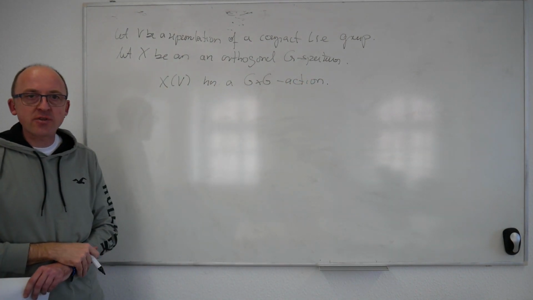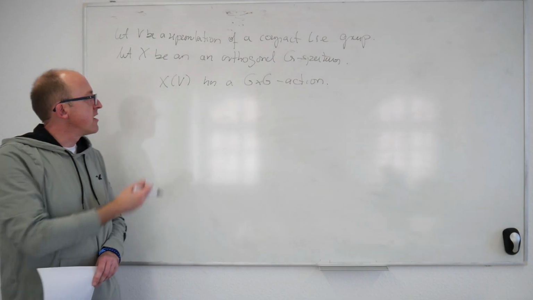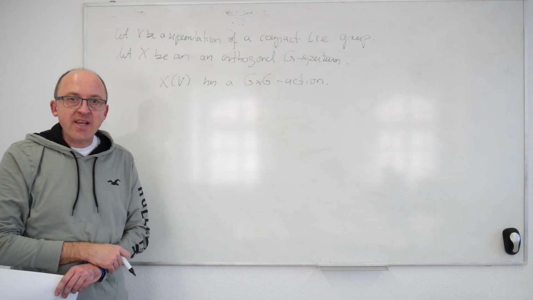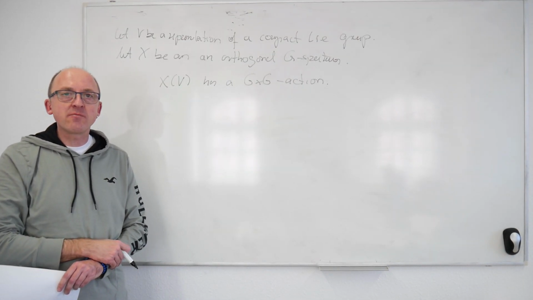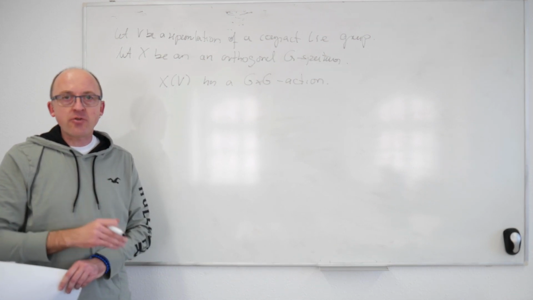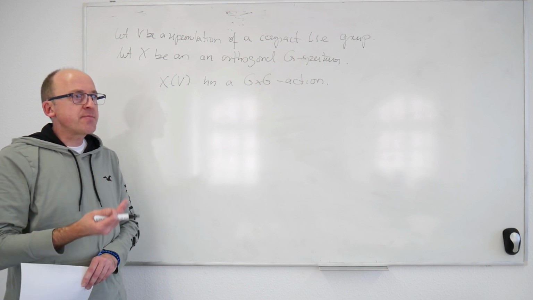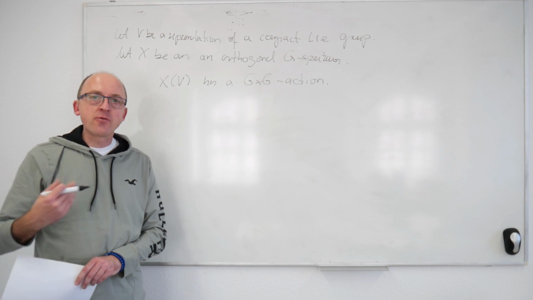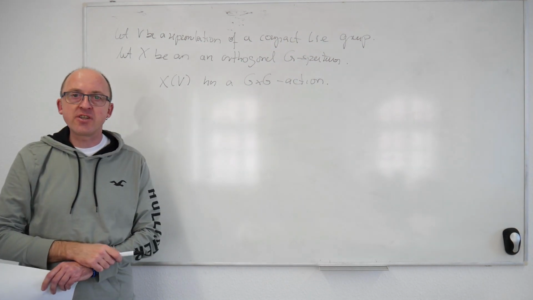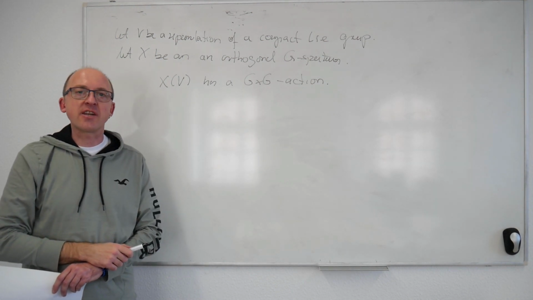Well, X was an orthogonal G spectrum, so it's a G object in some category. So this gives you an action on the X. V is a representation, so that means we have a homomorphism from G to the orthogonal group of V. And through the functoriality of X, this gives us another G action. And because orthogonal G spectrum really means that G acts through automorphisms of orthogonal spectra, this means that these two G actions commute with each other. So the action on X and the action on V really give us a G cross G action.